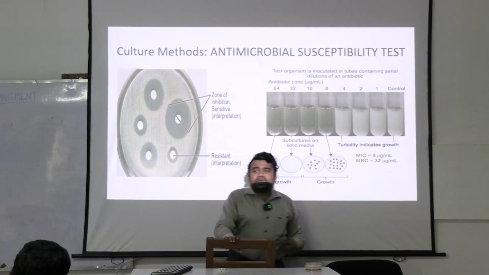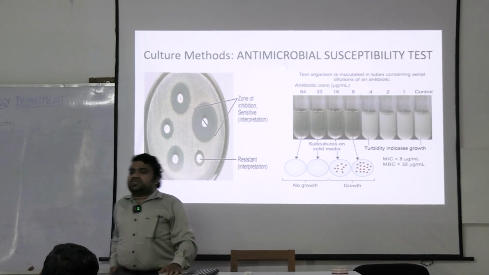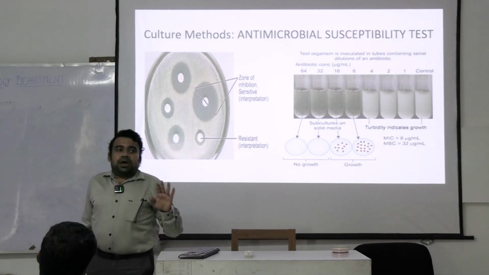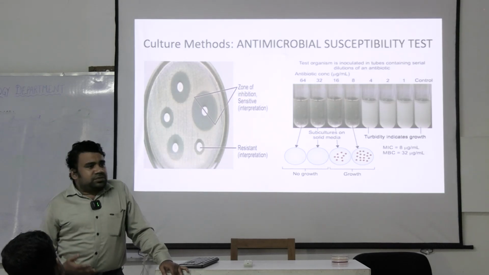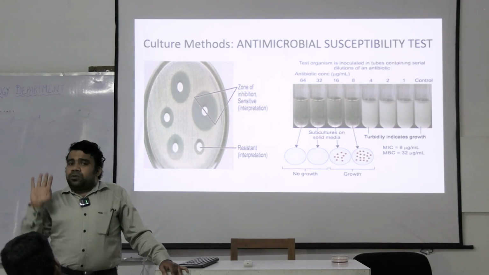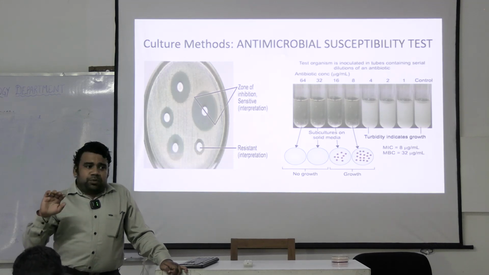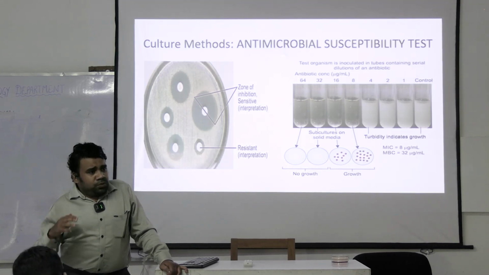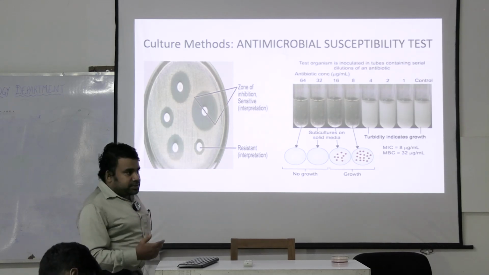This also gives us a concept called MIC, or minimum inhibitory concentration. I will talk about MIC, MBC later on when you have a further understanding of the disease. Just keep in mind, broth dilution gives us MIC. This will be very important when we will start talking about how to use antibiotics.